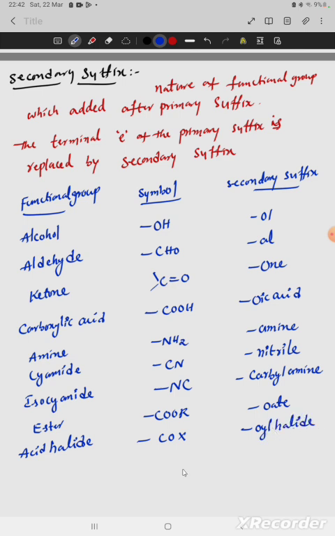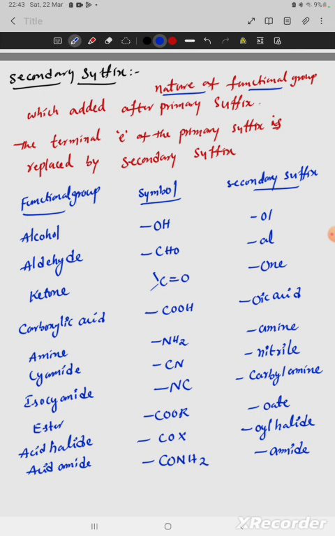For example, with chlorine we take oyl chloride. Next, amide, CONH2. This suffix is amide. These are a few functional groups and their secondary suffix. The secondary suffix indicates the nature of the functional group which is added after the primary suffix.